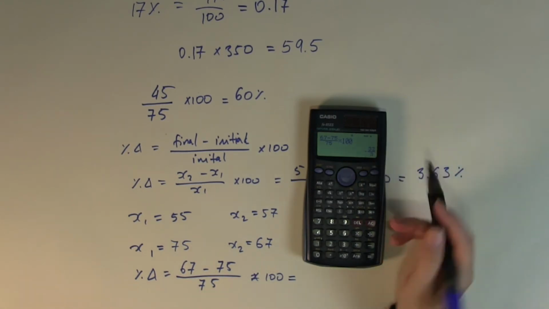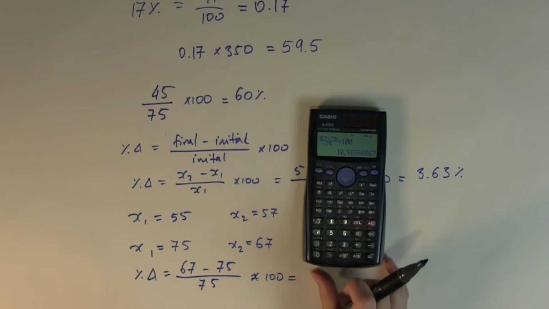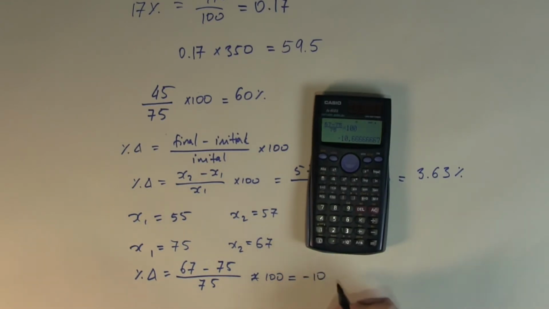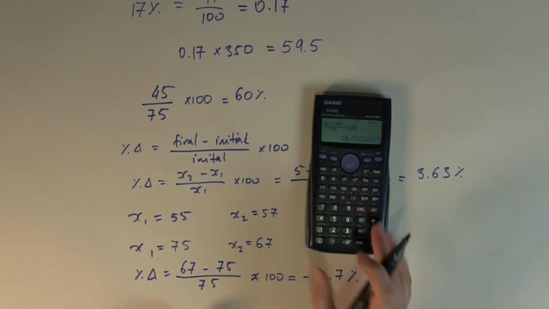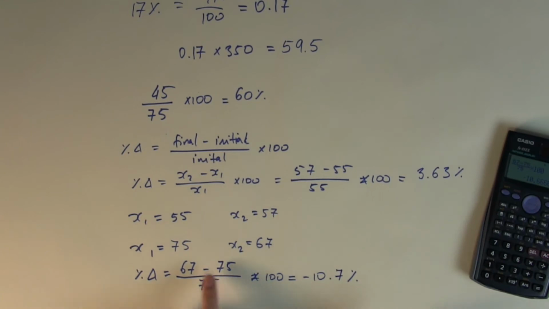Now it's a fraction, so change that into decimal. So that gives me minus 10 point, rounded to 1 decimal place, 7%. So when the price dropped from 75 to 67, that is equivalent to a 10, more like 11% price drop.